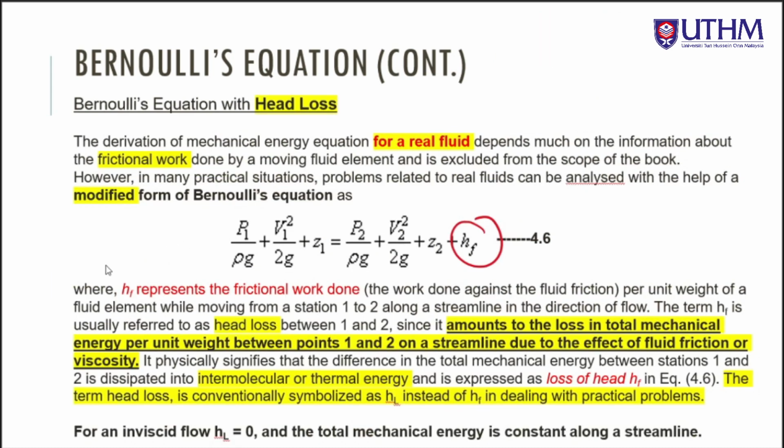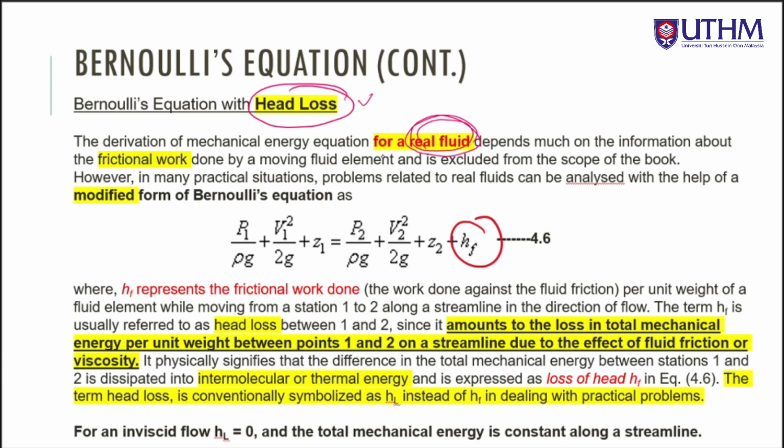Okay, so this part is related to the modified form of the Bernoulli equation where we need to consider head loss. The derivation of the mechanical energy equation for a real fluid: here we consider a real fluid, because with the Bernoulli equation we make many assumptions, but in reality it is not a real fluid.